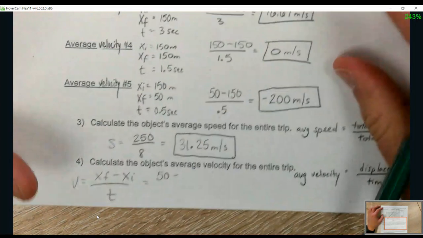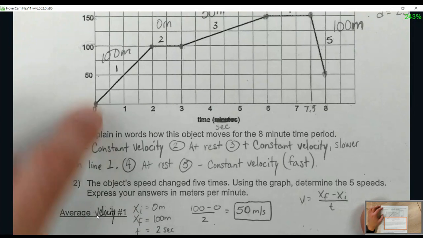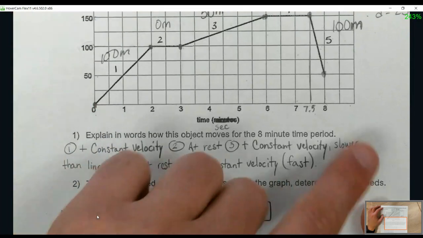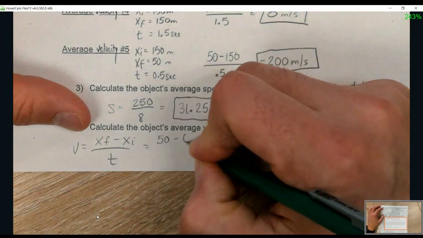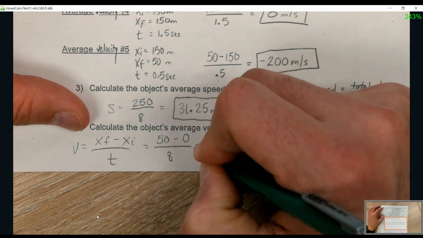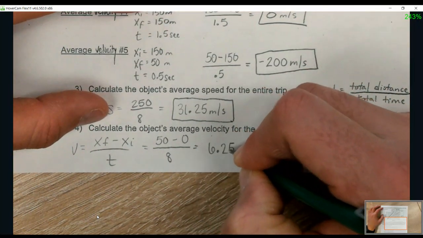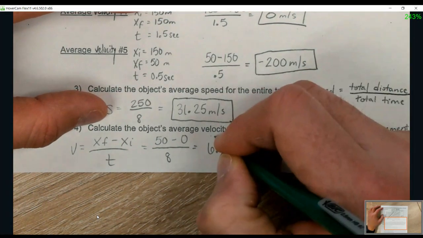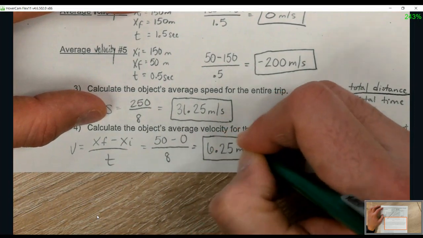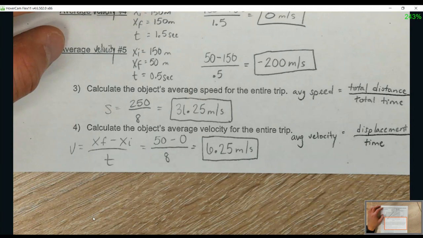What was your initial position at the start of the trip? 0. So xi was 0. And the time is still that 8 seconds. So t was 8. So when you divide these out, you should come out with 6.25 meters per second for the entire trip.